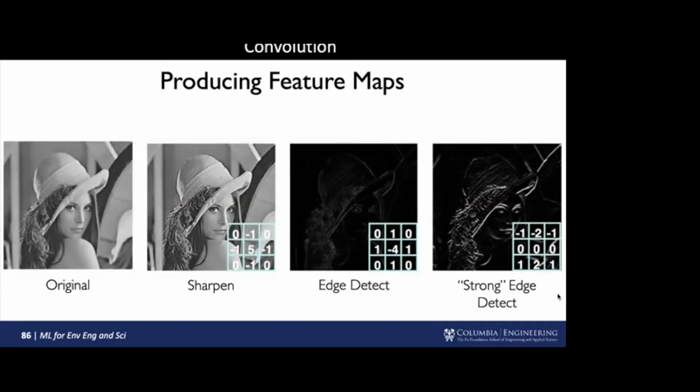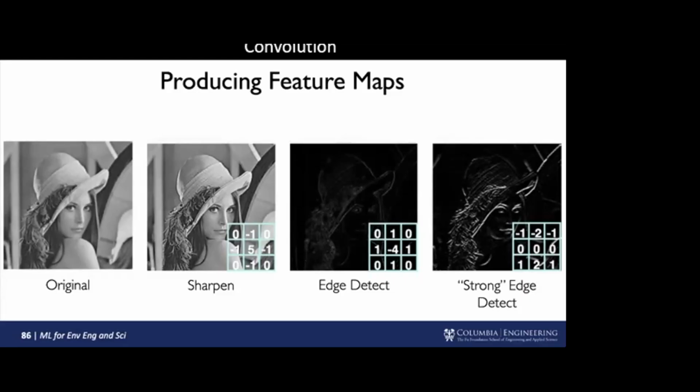Then we also have a strong edge filter, which emphasizes sharp transitions even more. That all depends on how you design your filter. Different combinations of numbers give you different features detected by the convolution. So each filter corresponds to a different pattern in the image.